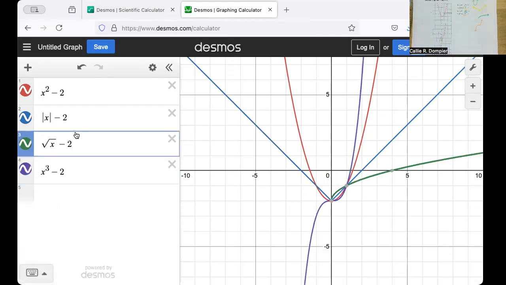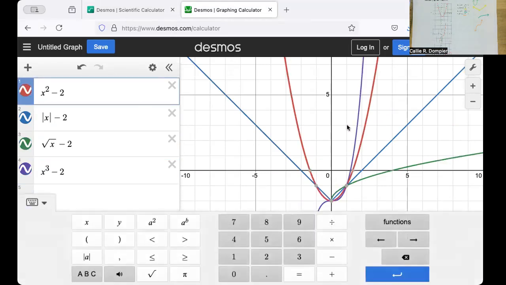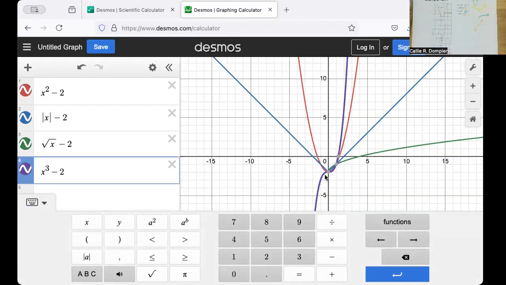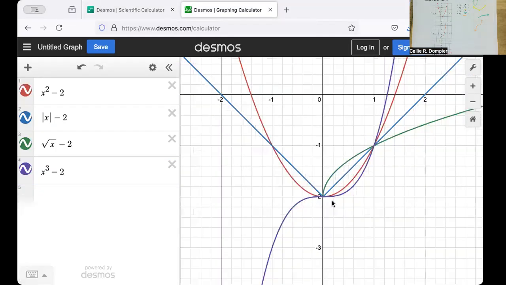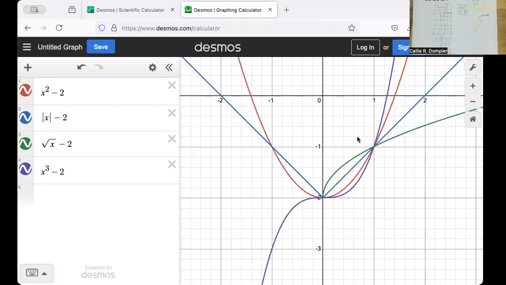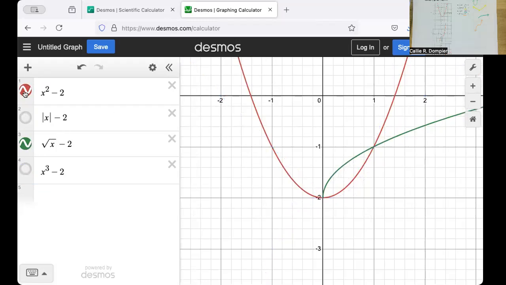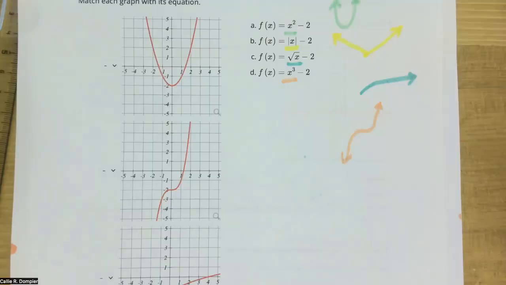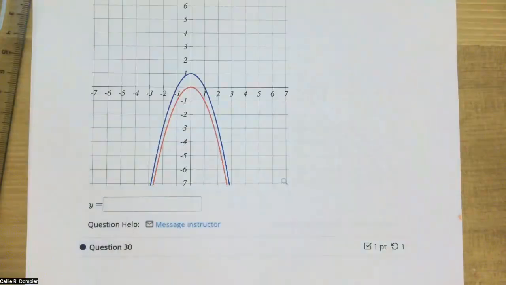So you can see the red one is the first graph. The purple one is kind of hard to see, but the purple one is that second graph. The green one, easier to see, is that third graph, and the blue one is that fourth graph. So you would just be matching those.